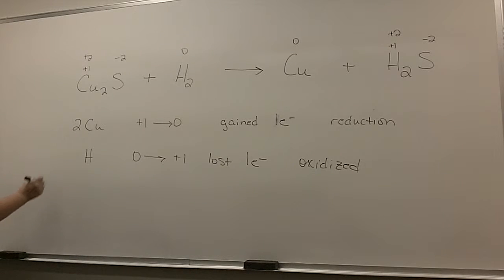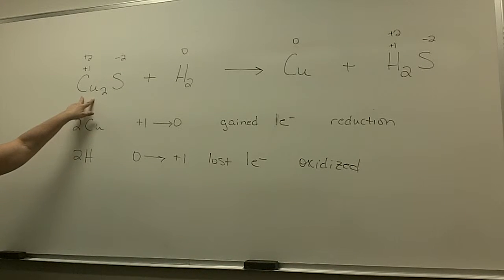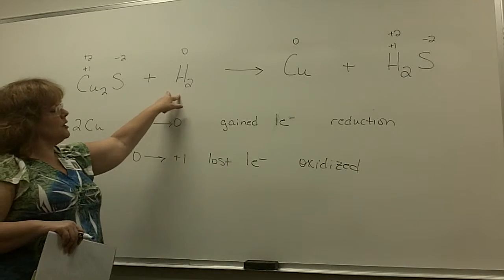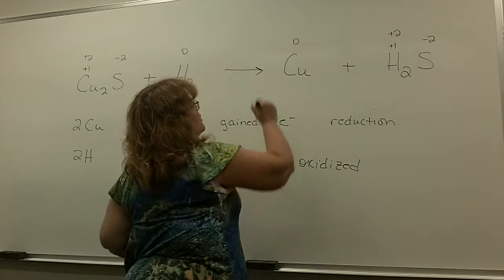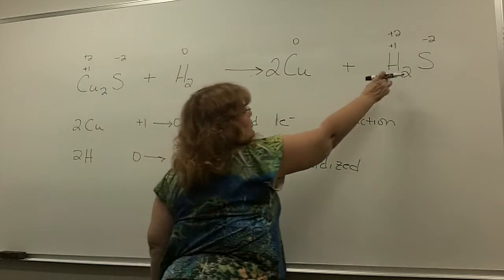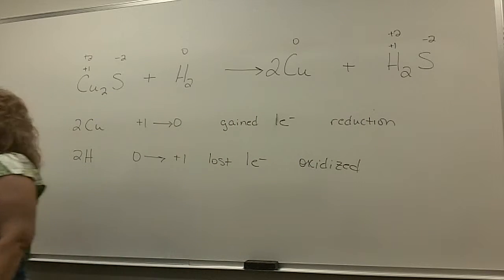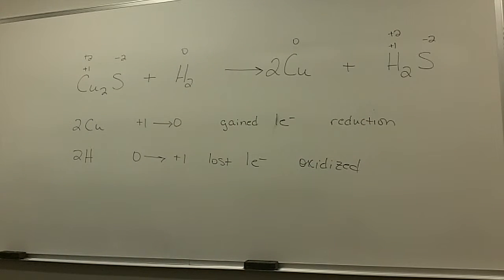And I happen to have 2 of those. So then the balanced equation for this, I need to have 2 coppers on both sides and 2 hydrogens on both sides. I've got 2 coppers here, 2 hydrogen here, 1 copper here. I need to have 2, and then 2 hydrogens here. And now we balance that by oxidation reduction.